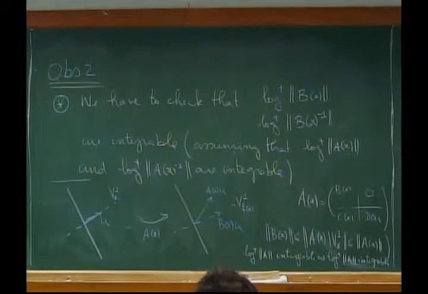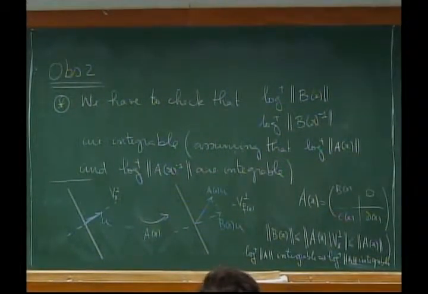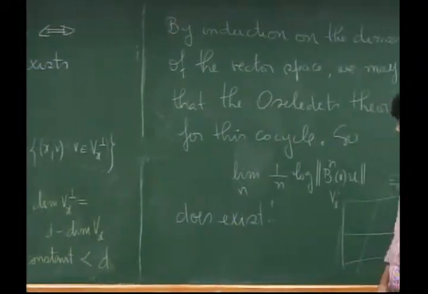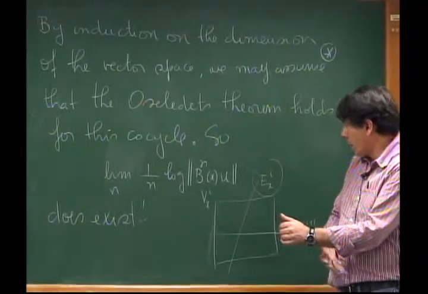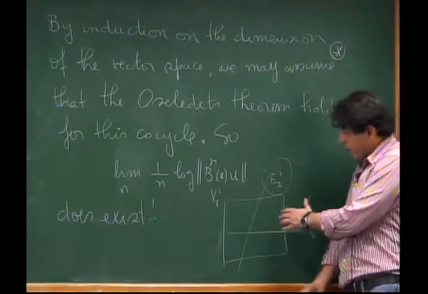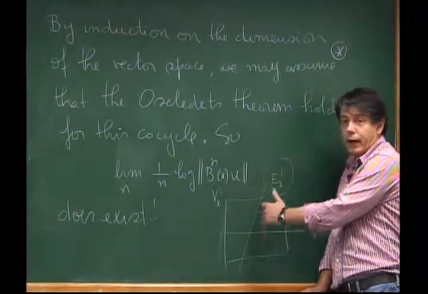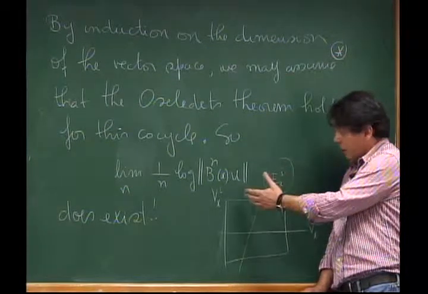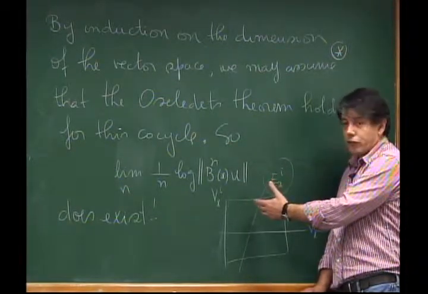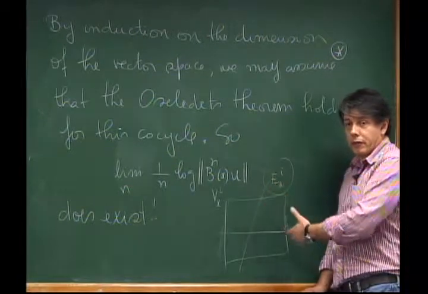Or even not bounded, but not too crazy, it's just the same. In a sense, what one would like to do would be to project to Ei of x, except that if you have a non-invertible map, this doesn't make sense.